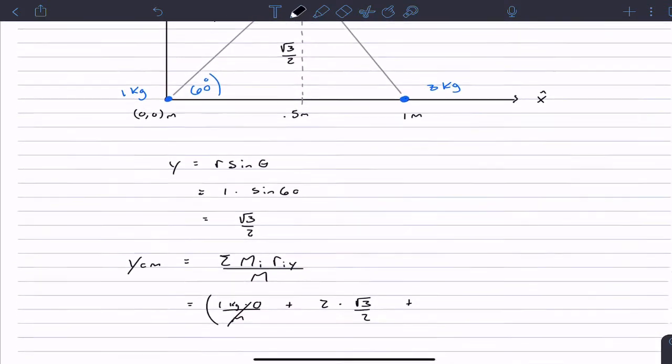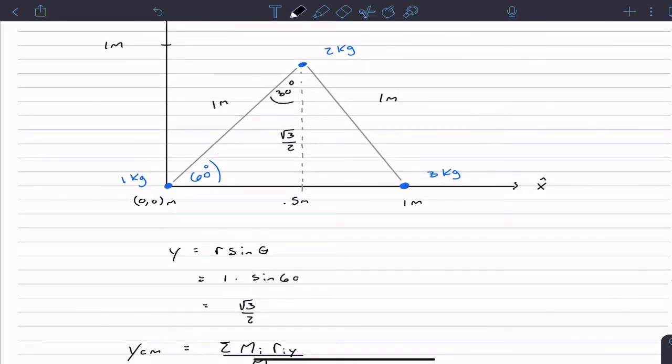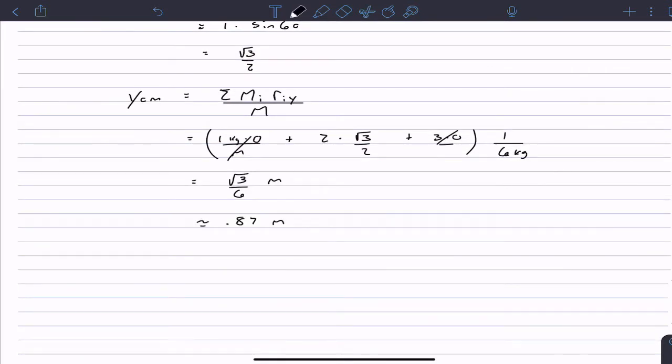And then we have 3 kilograms times 0, again in the y direction. Then we need the total mass in the bottom, so that's 6 kilograms. So that means that we have square root of 3 over 6 meters. Remember, because this is kilograms over kilograms, this is just going to leave us with meters. All right, so that's the center of mass in the y direction.